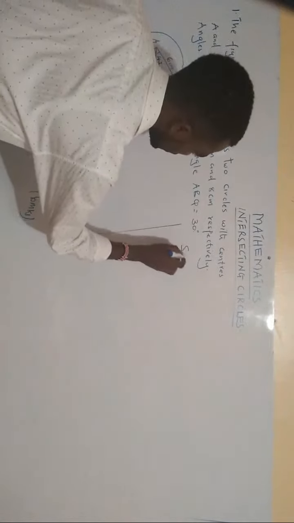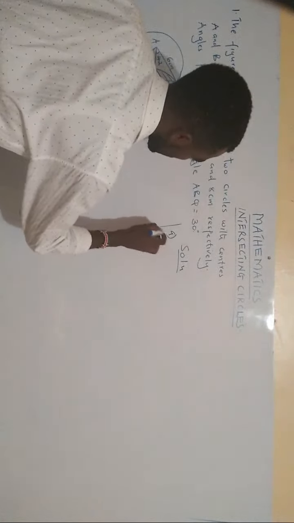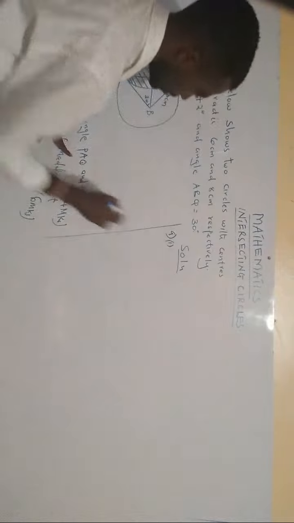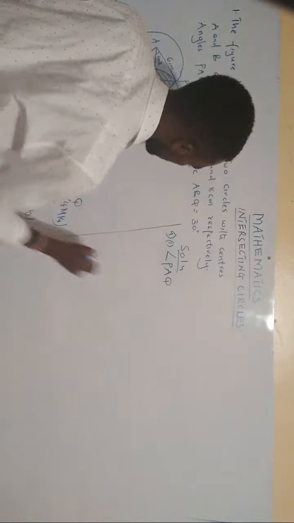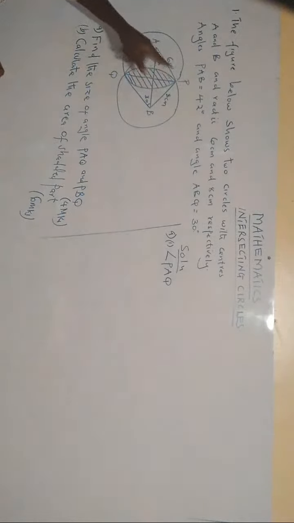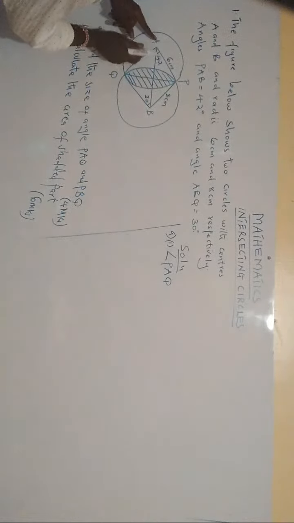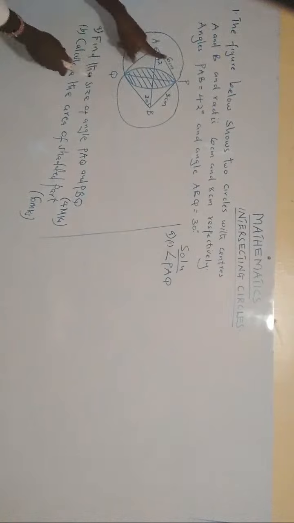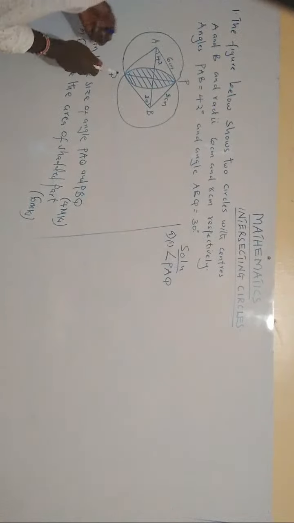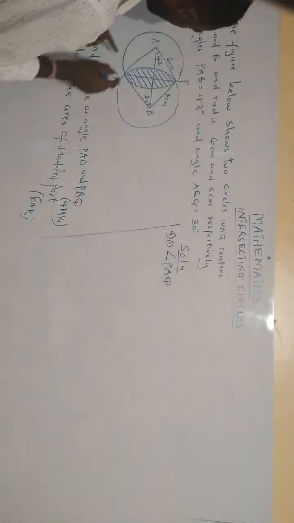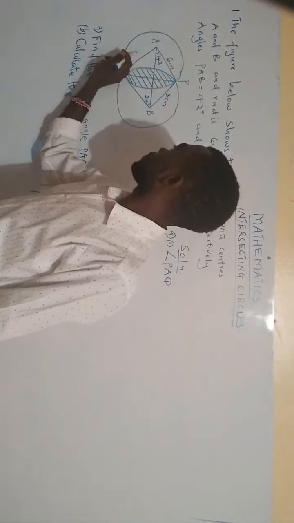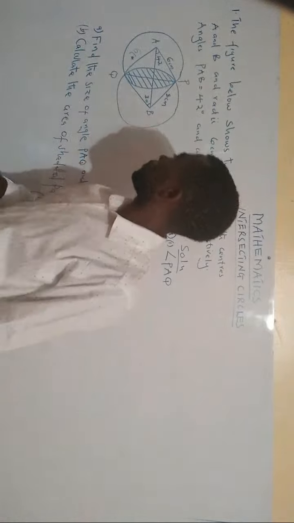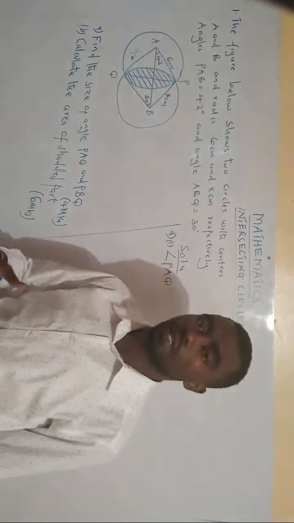So solution, part A, Roman 1, we need to get the value of angle PAQ. Given that this is 6 centimeters, the radii are all equal, so this is 6 centimeters as well, because we cannot have a circle with two different radii.